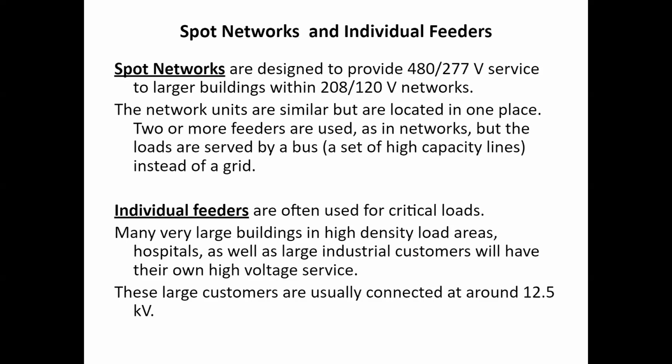For that, we will give a dedicated primary feeder to the hospital. Not only one, there will be alternate sources, but that connection to the hospital will be only for that hospital. So that any fault or anything that happens nearby or in the surrounding area is not going to disturb the supply to the hospital. The individual supply given to critical loads like this is called an individual feeder.